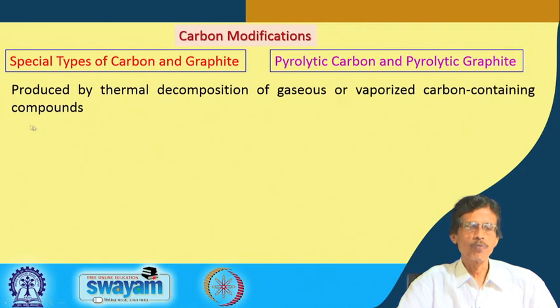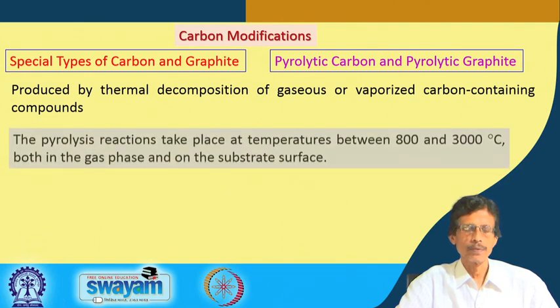So, another particular or specialized form produced by the corresponding pyrolysis is the thermal decomposition of gaseous or vaporized carbon containing compounds. Different carbon containing compounds can be your simple wood material or any other type of husk material. Any carbon containing material can be burned such that only the carbon part is left behind, and other material is burned off as oxides.